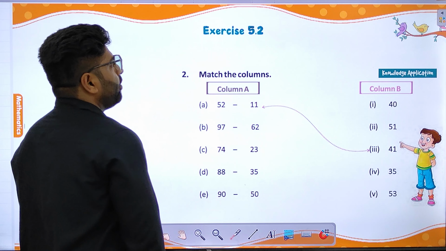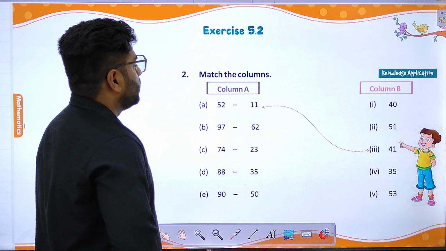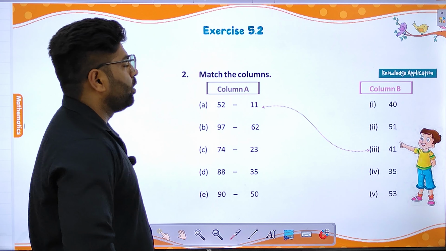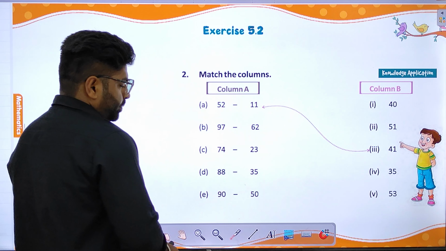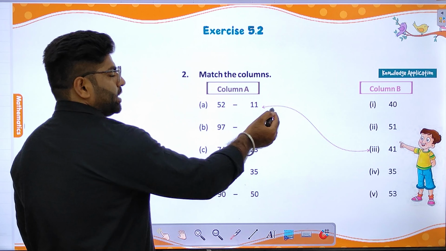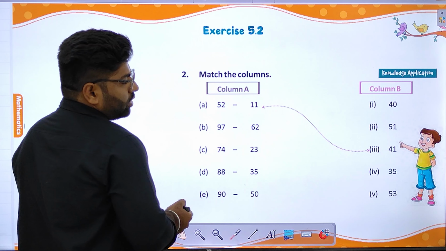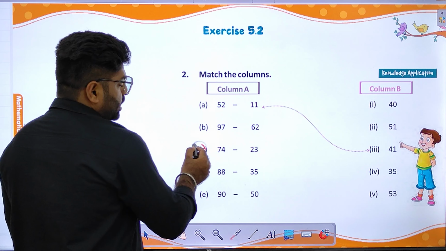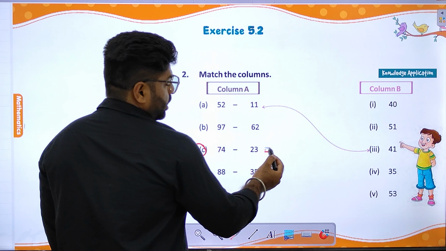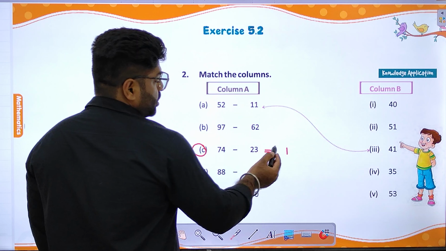Okay, now we are having exercise 5.2, that is match the columns. So here we are having column A and column B. So the first thing you have to do is the subtraction part, then you have to match the answer. So let's pick question number C, that is 4 minus 3 is 1 and 7 minus 2 is 5.